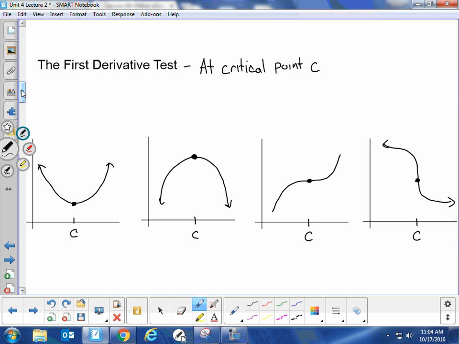Really, there's 4 situations you could have at a critical point. You could either have a max, a min, or neither. This is a min, this is a max. This would both be neither a max nor a min.